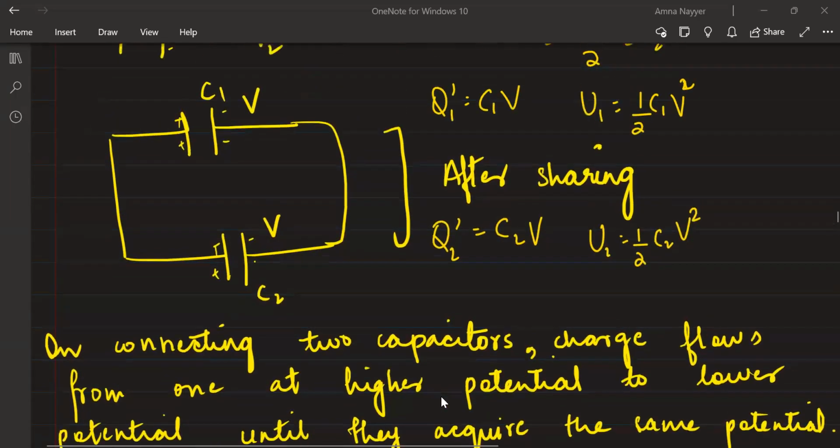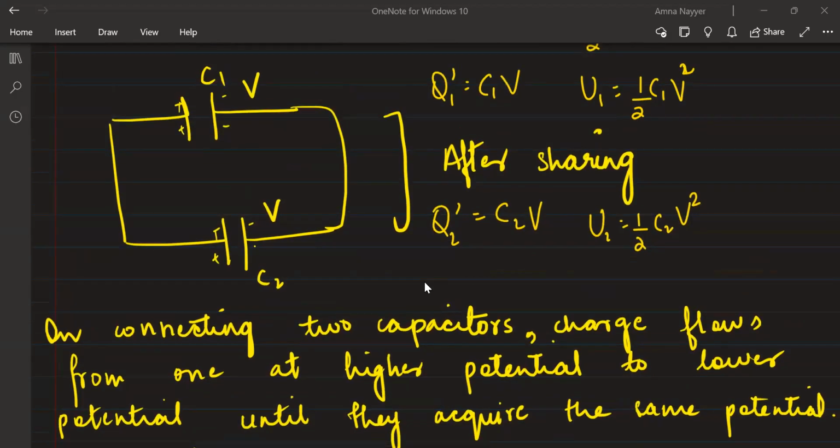Ma'am, this is diagram, ma'am. Ubaidullah, done with this part? Yes.